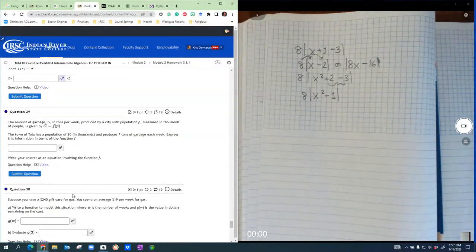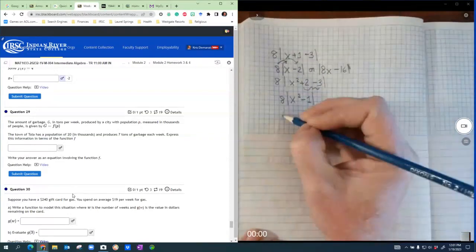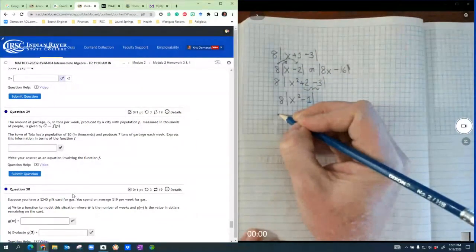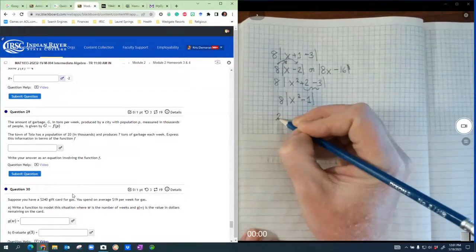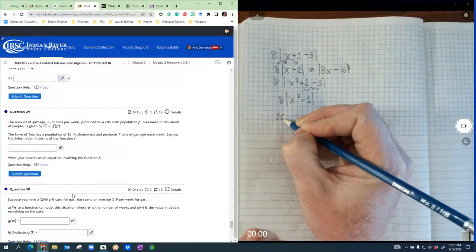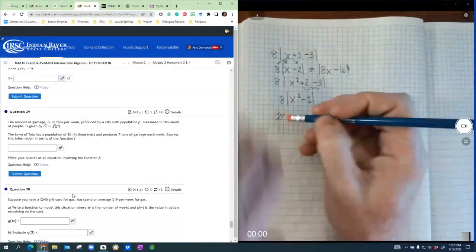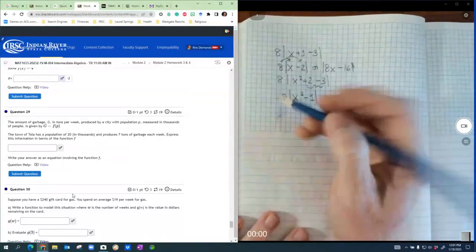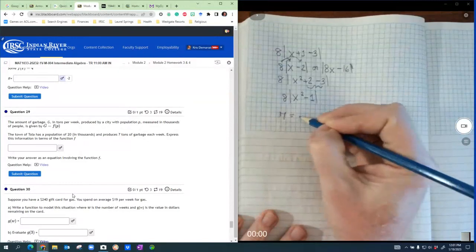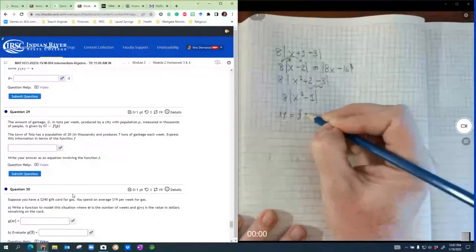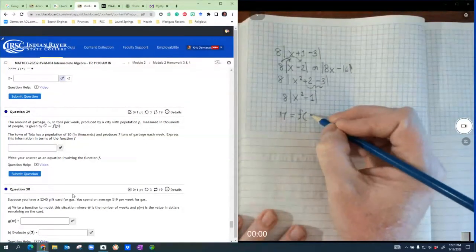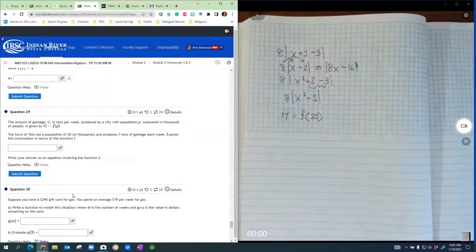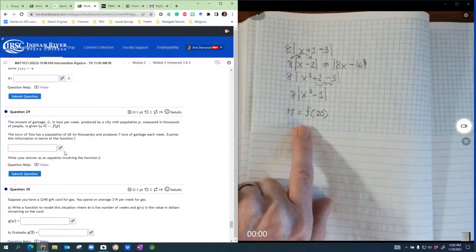It says garbage produced by a city of a population of P. So the output value of 20,000 produces 7, so 7 is the garbage. So 7 equals F of 20. So this is the equation that we're looking for producing that particular situation.